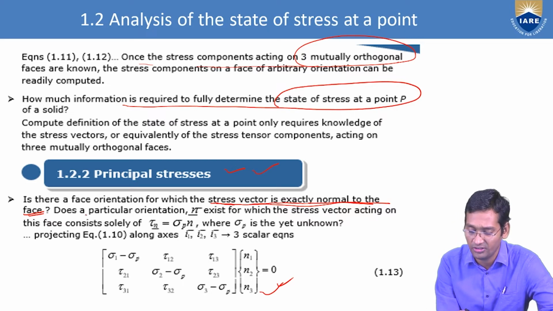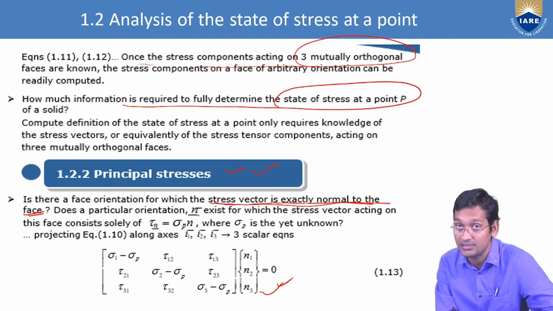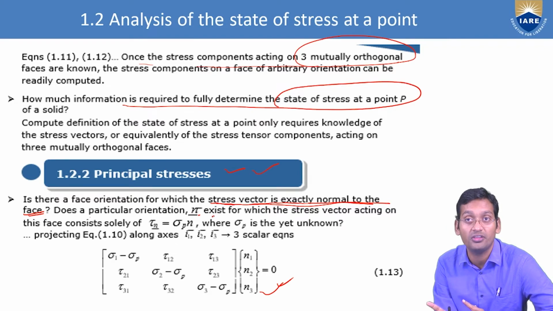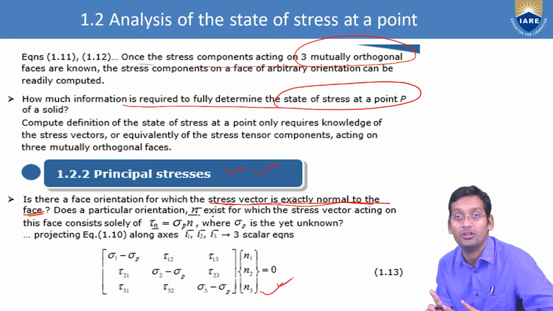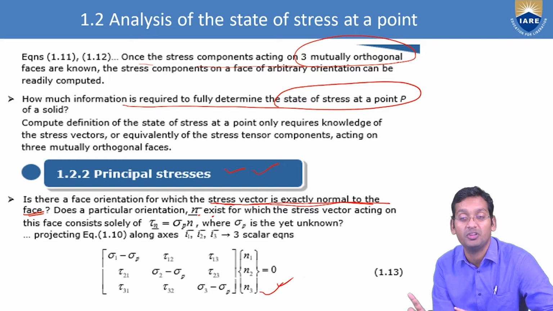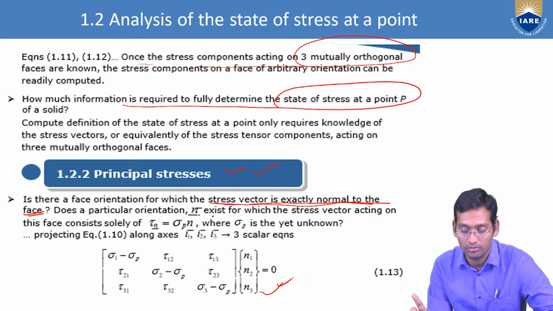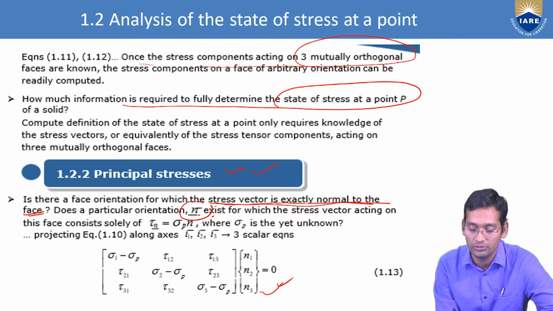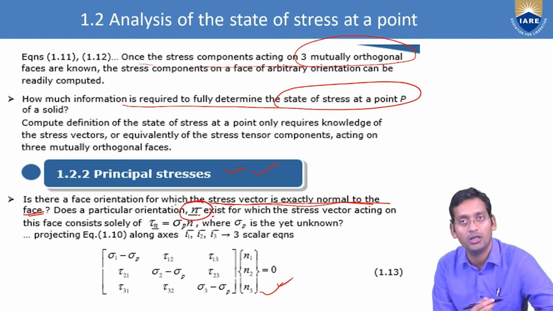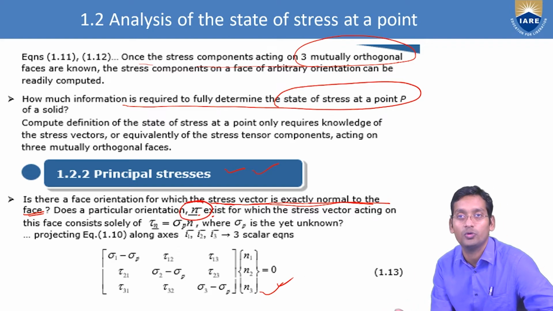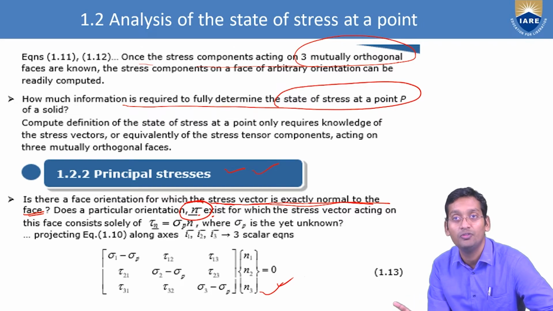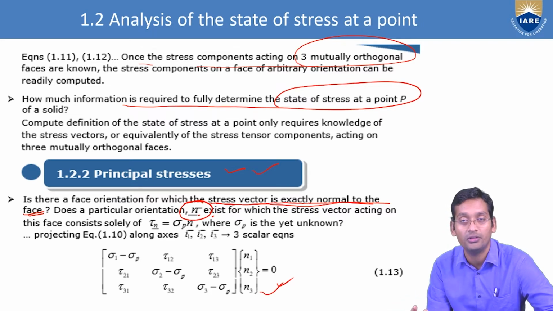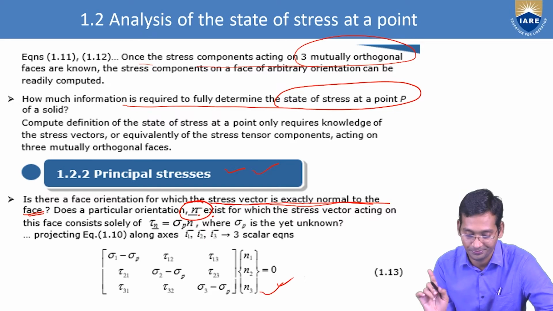So now just see whether such a particular orientation exists. If it exists, then only can we analyze further whether principal stresses are there or not. So first thing you have to see this one. If this is there, then okay, you can go for the next. If this is there, then we can find or analyze the principal stresses.